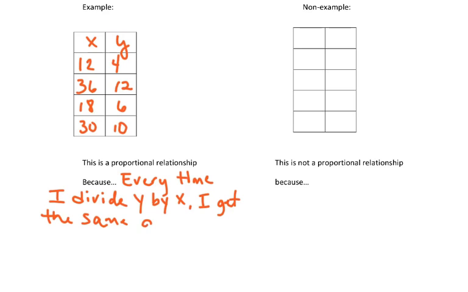So, let me show you what I'm talking about. If I take this y, 4, and divide it by the x that is paired with it, I get 4 over 12.